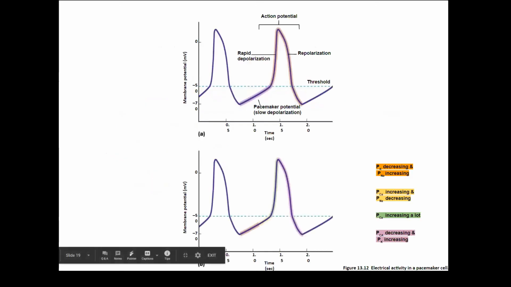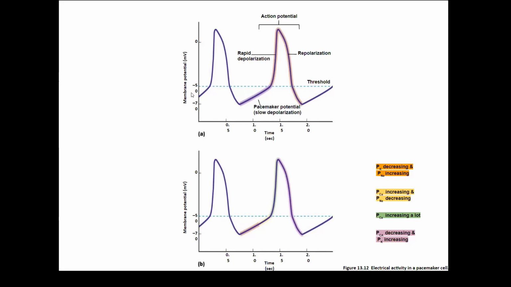Okay, so what we're looking at here is the membrane potential in our pacemaker cells. And we're looking at it first in phases of basically depolarization. And then at the bottom, we're looking at what permeabilities are changing.